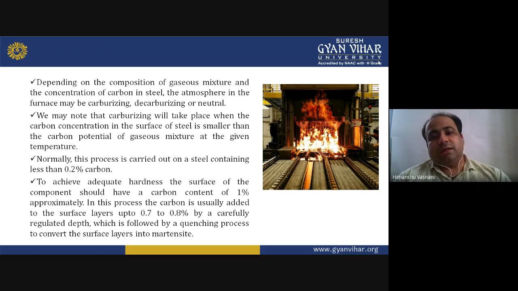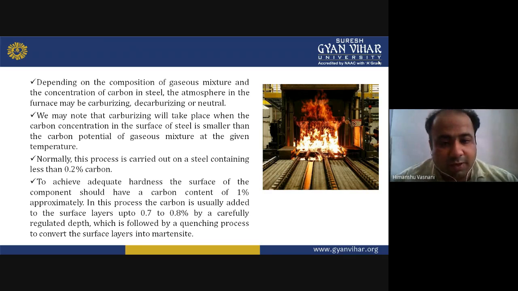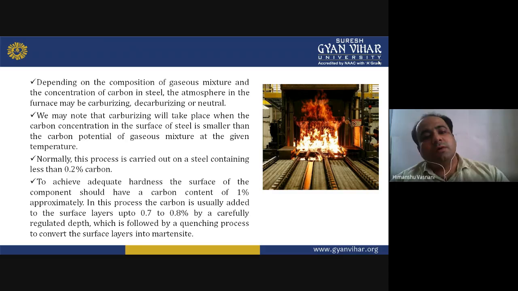In this process, the carbon is usually added to the surface layers up to 0.7 to 0.8% by a carefully regulated depth, which is followed by a quenching process to convert the surface layers into martensite.